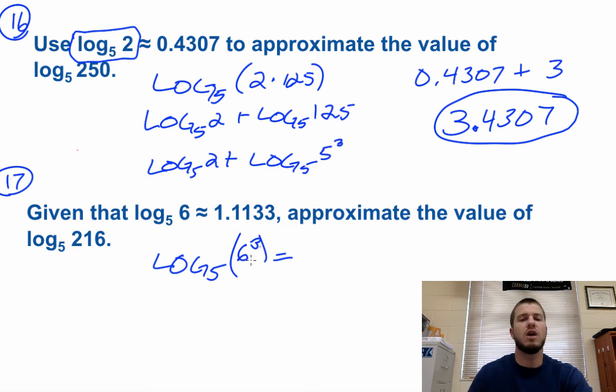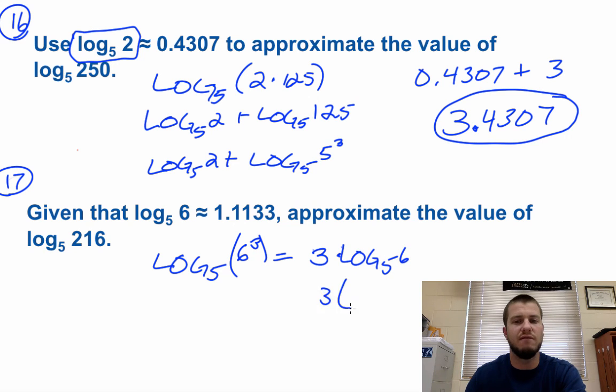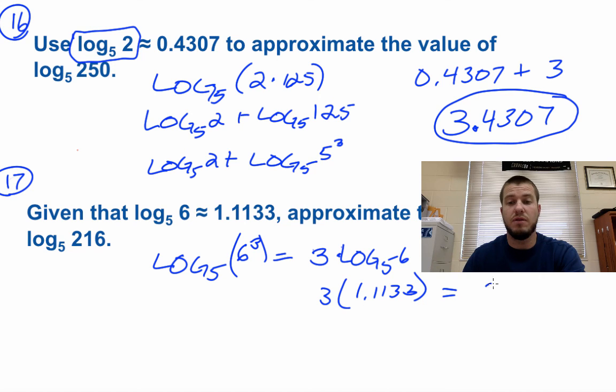So what I want you to try to do for one like this is notice that it's an exponent, and now use your power property, which is going to move that 3 out in front, and I have 3 times log base 5 of 6. Well, I know log base 5 of 6 is 1.1133. And so when I multiply that, I have 3.3399.